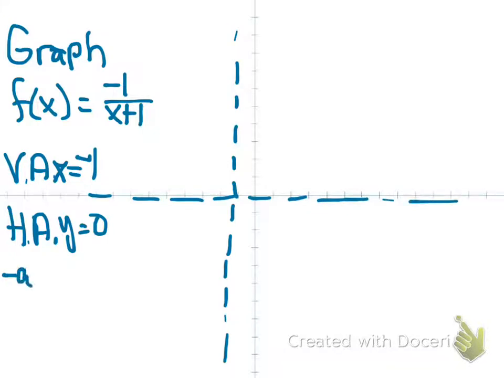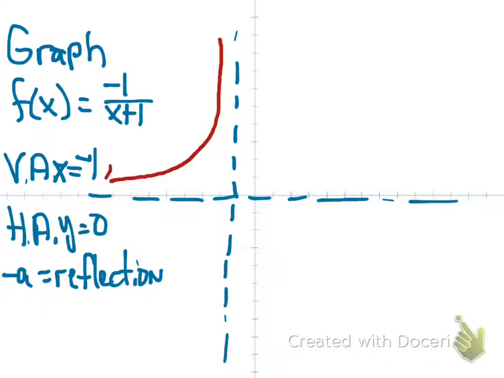For these basic ones, you have to have a horizontal asymptote. And the negative 1, because it's a negative a, means a reflection. So that means I flip-flop them. Notice they're in the other quadrants, the blank ones from last time. And there you go. That's some basic transformations, and you can figure out what they are. It's very simple. If you have any questions, feel free to ask.